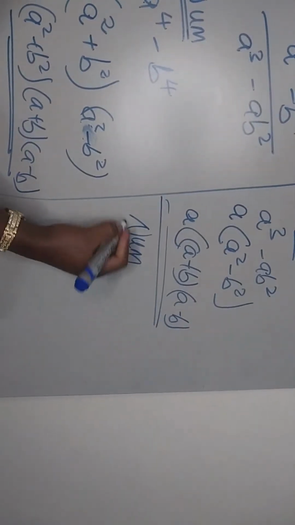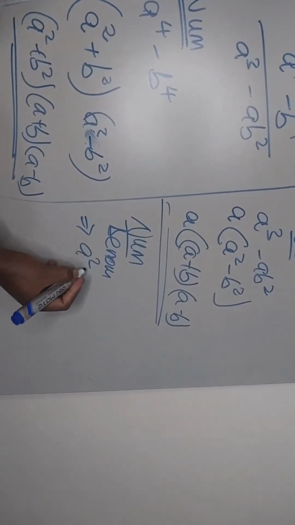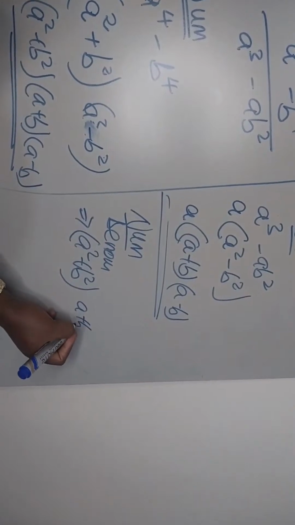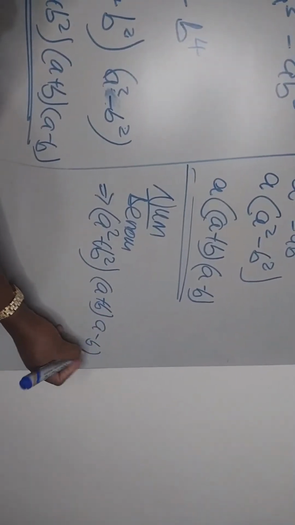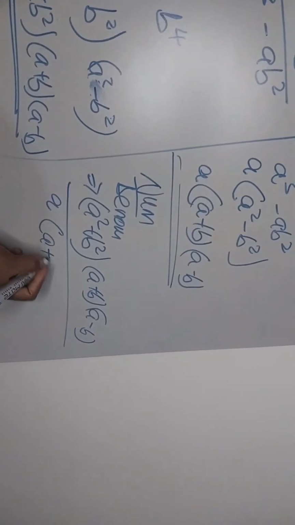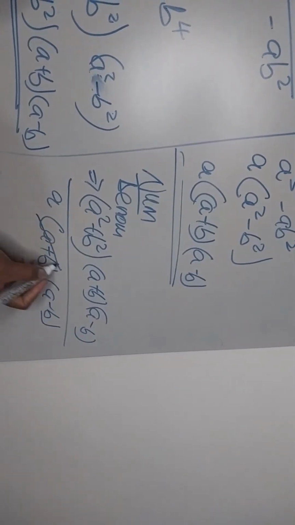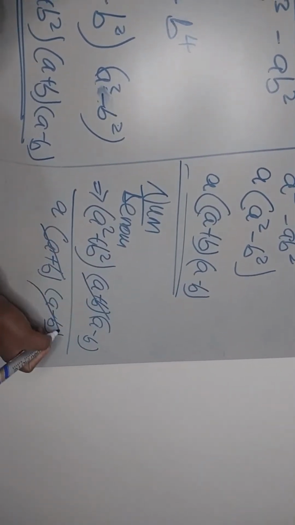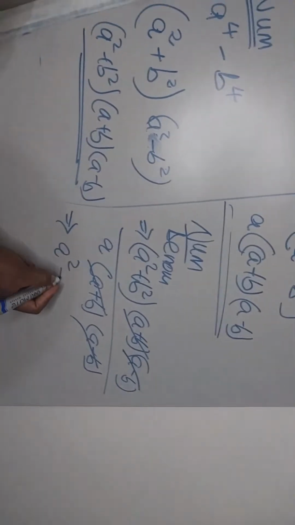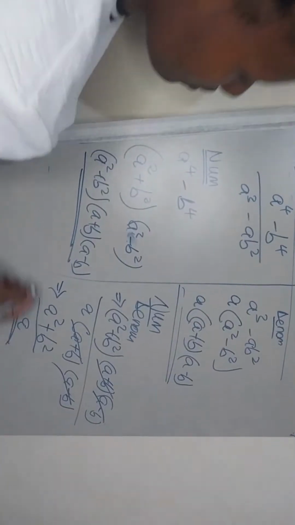So our numerator over our denominator will be a squared plus b squared into a plus b, a minus b, all over a into a plus b, a minus b. A plus b, a plus b, a minus b, a minus b cancel. So our answer becomes a squared plus b squared all over a.